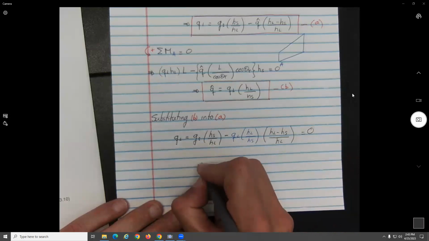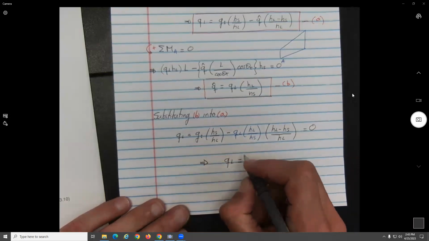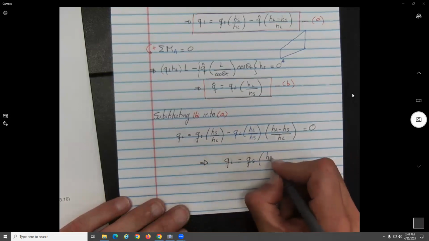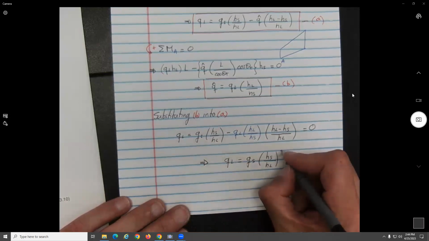And this, after just one more line of algebra, will give you that Q long is equal to Q short times H sub S over H sub L squared.